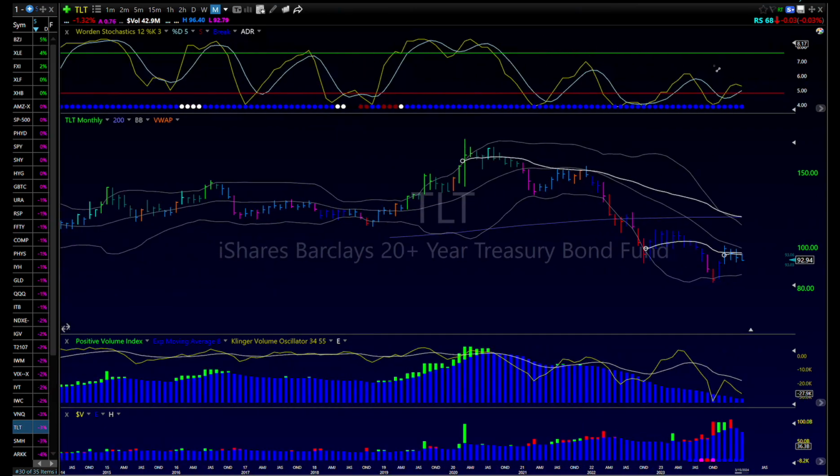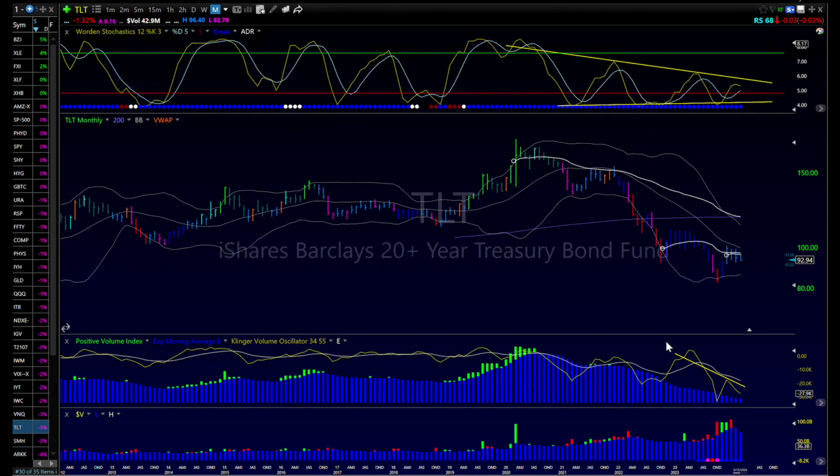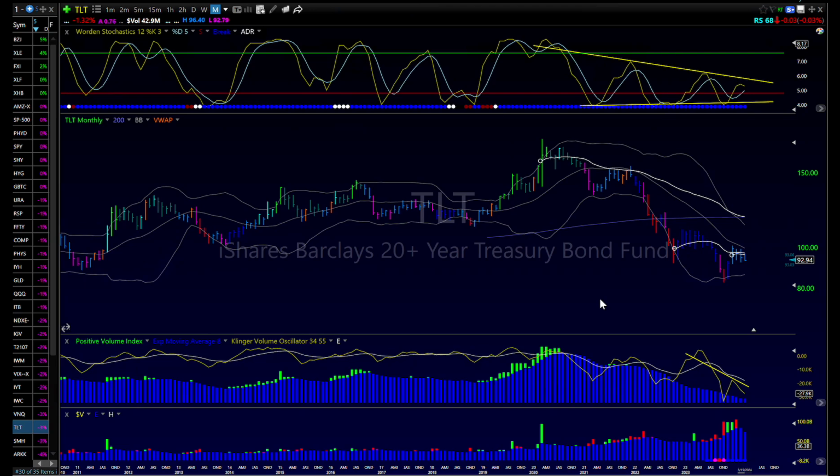But let's look at this oscillator here. That's wedging. Maybe that's bullish. I don't know. But volume is down. So we have some conflicting signals. It's forming this box. And then we'll see.